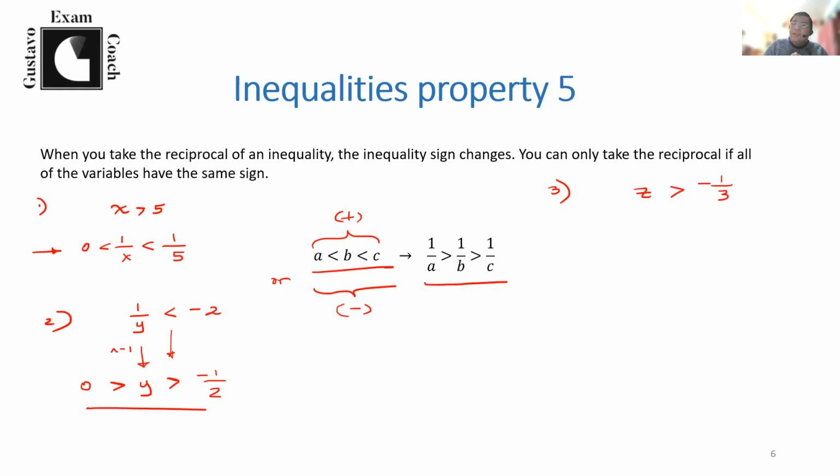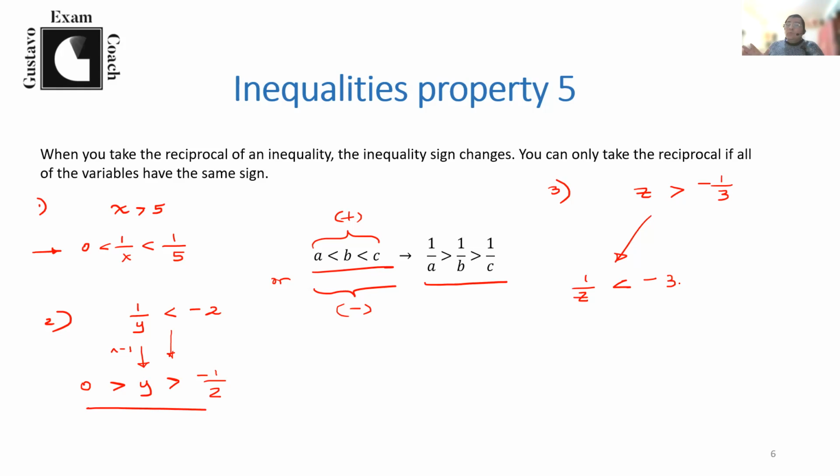But on the left side, z represents any number greater than -1/3, which could be negative or 0 or even positive, right? So here you cannot just say that, because z is greater than -1/3, 1 over z, the reciprocal of z, is less than -3.